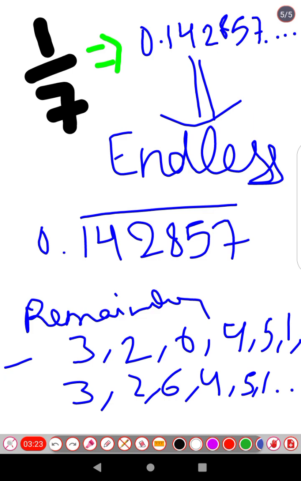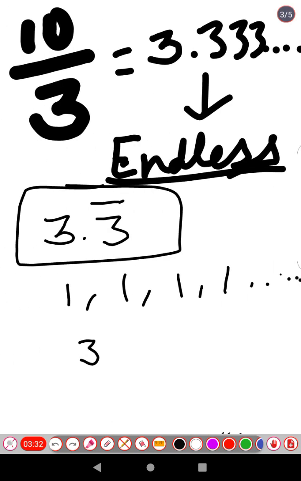So what have you noticed here? You should have noticed at least 3 things. Let us start from here. The remainders either become 0 after certain stage or start repeating themselves. See, here the remainders start repeating.